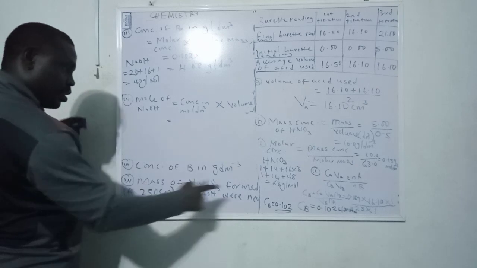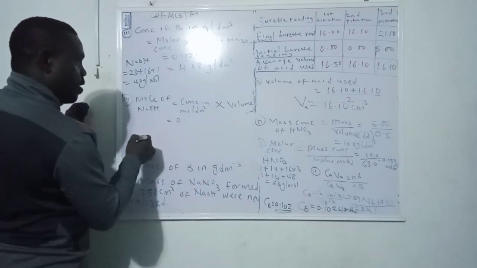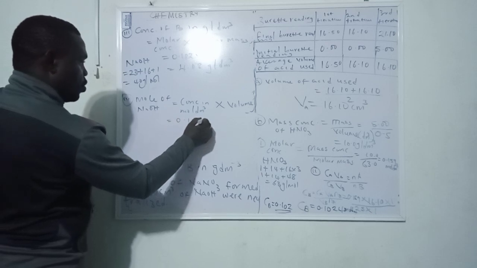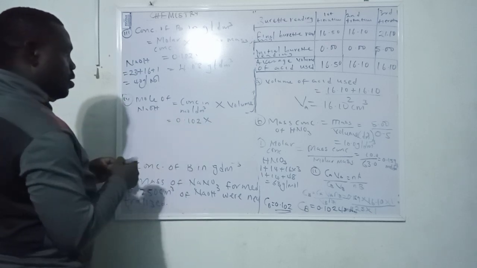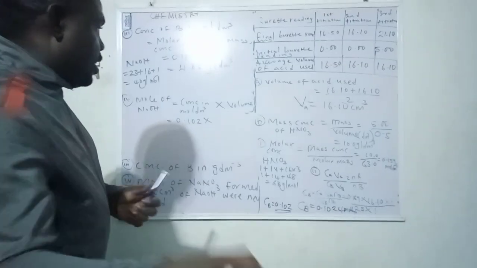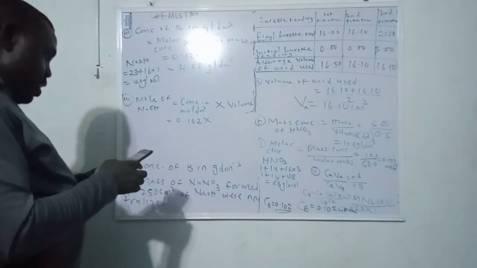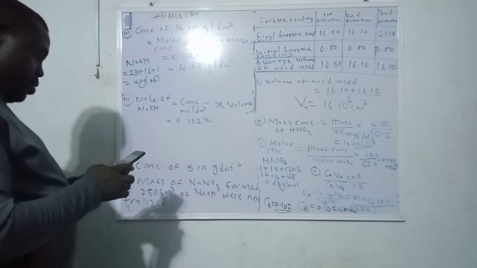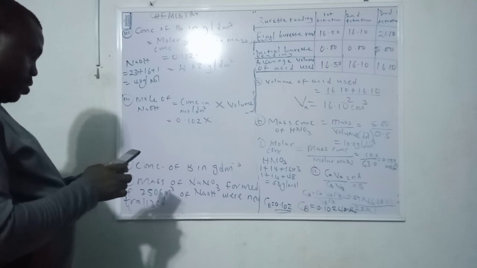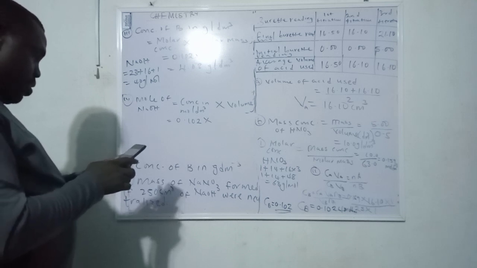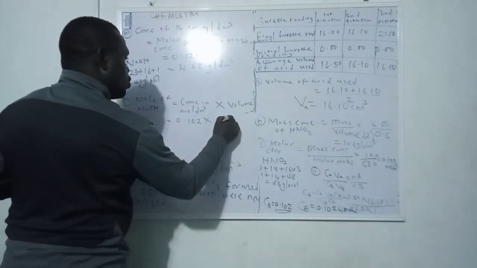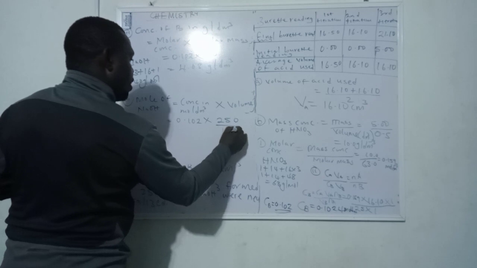So we have 0.102, and then we're multiplying it again. So quickly, 0.102 times 250 divided by 1000.